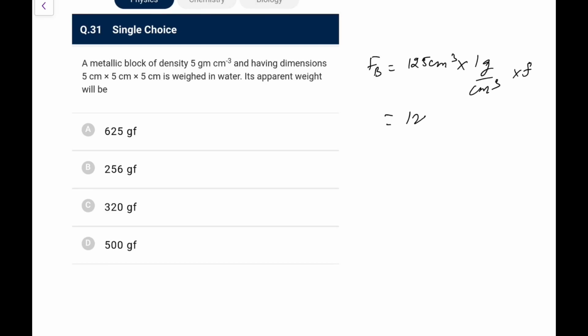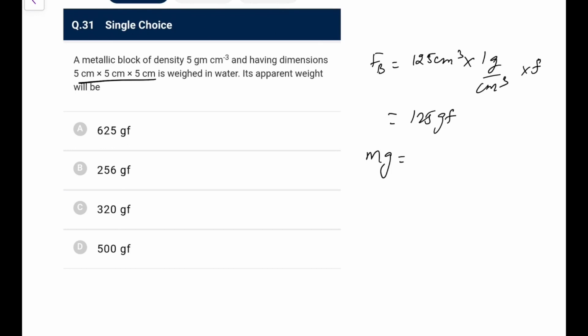So it is 125 gf, and the actual mg of this is 125 into 5, that is 625 gram force. So the W apparent is mg minus FB, that would be 500 gram force. Go for option D in this case.